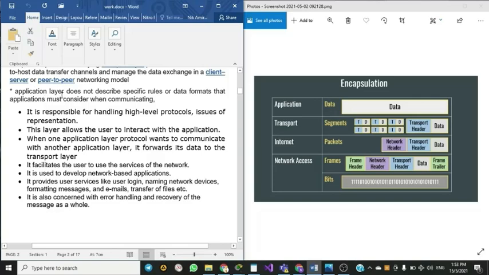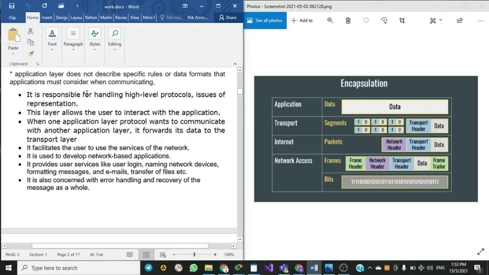This is the job for other layers, mainly the network access layers. Other than that, it is also responsible for handling high-level protocols and issues of representation, and this layer also allows the user to interact with the application. When one application layer protocol wants to communicate with another application layer, it forwards its data to the transport layer. So it sends data to the transport layer.